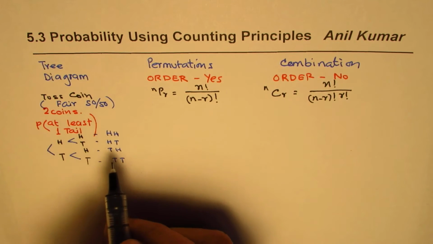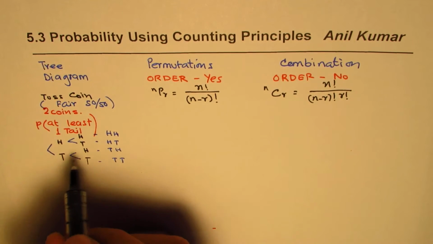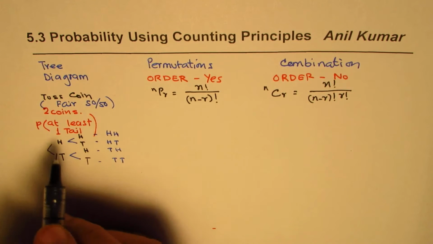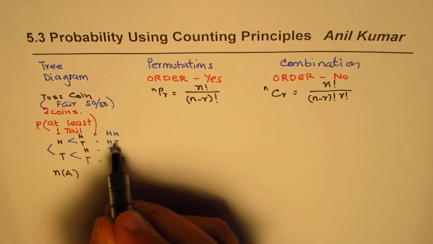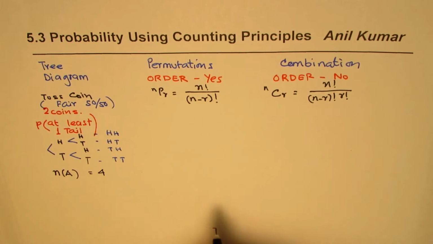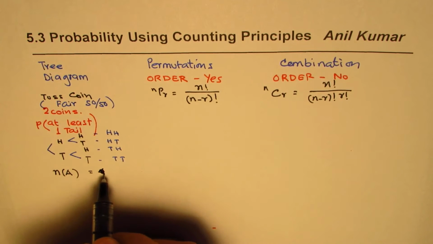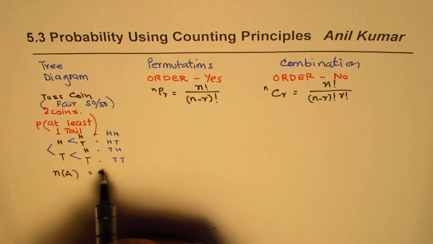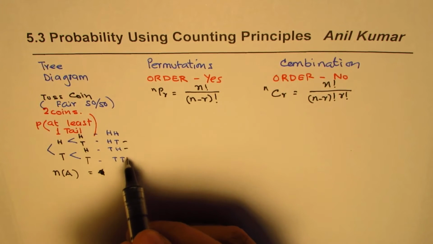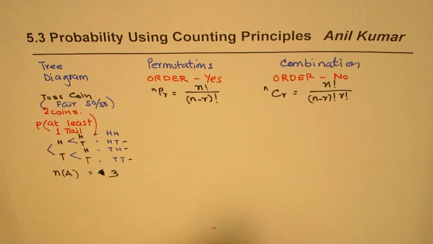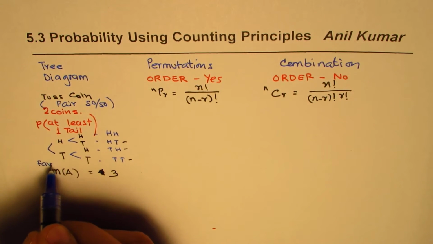Now clearly, what is the total number of outcomes? We'll call this event A. The total number of outcomes is 1, 2, 3, 4. Now let me write n(A): the favorable outcomes, that is at least one tail, so that means 3.